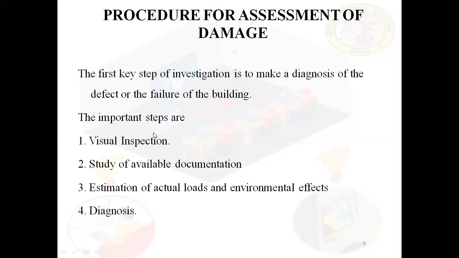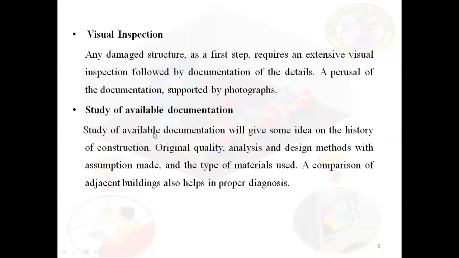First, let us see regarding the visual inspection. As I discussed, first we have to do the proper inspection. Visual inspection is the first step in assessing the deterioration of the structures, because by observing through the naked eyes we should have a basic knowledge up to what percentage it is damaged, and whether there are any color changes, or any new cracks developing, or only old cracks, like that.